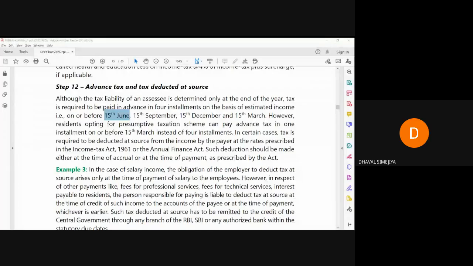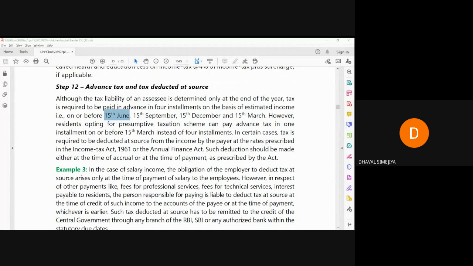So I have to pay 15 percentage. Please remember this percentage, 15 percentage on or before 15th June. So on or before 15th June 2020, I have to pay 15 percentage of the tax amount. Now, second, 15th September 2020, I have to pay 45 percentage of the tax. It is 45,000.